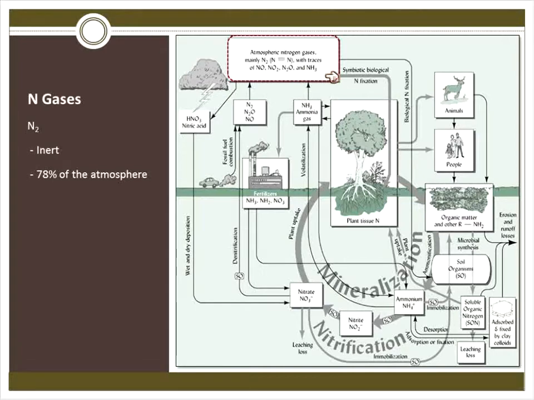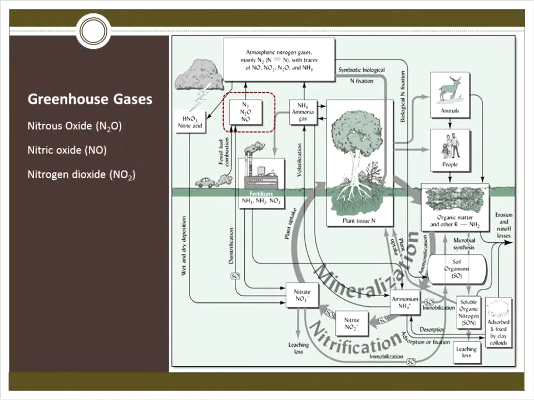So what do those gases mean? N2O is nitrous oxide. NO is nitric oxide. And NO2 is nitrogen dioxide. We tend to see more nitrous oxide than either nitric oxide or nitrogen dioxide.